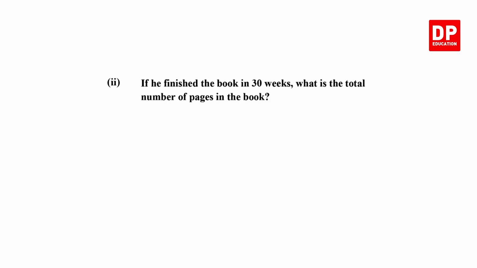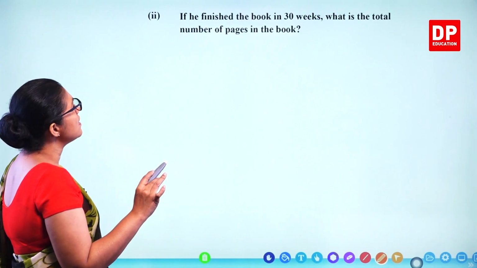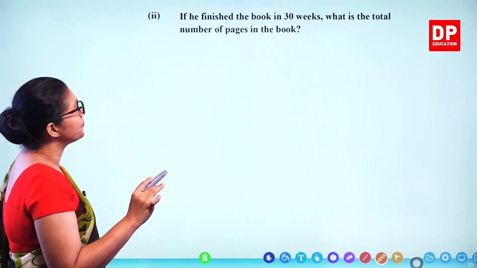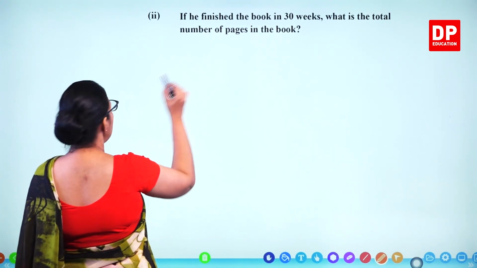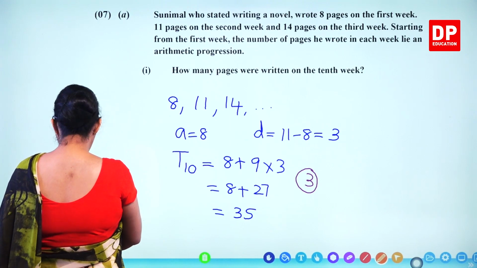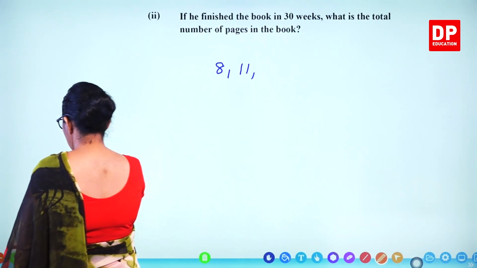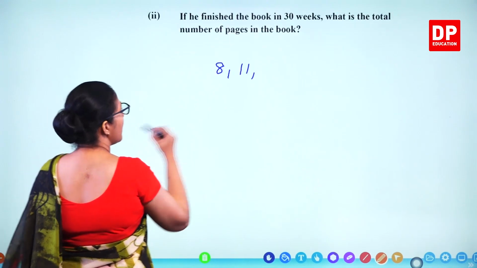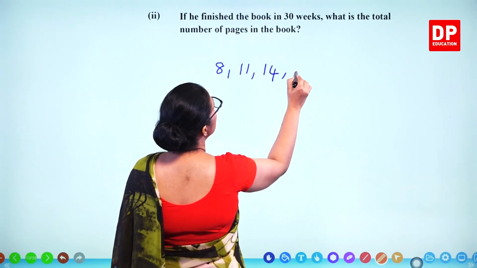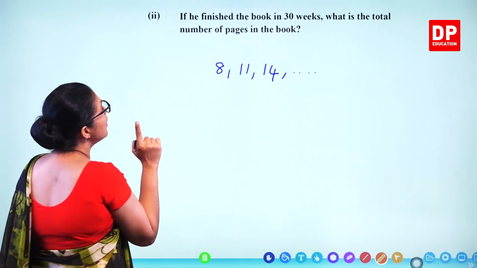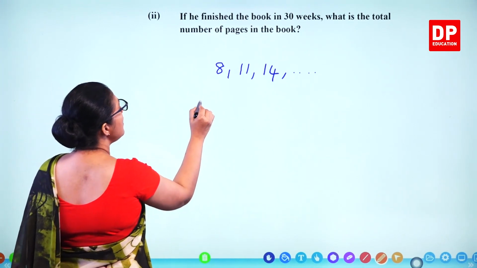Part 2. If he finished the book in 30 weeks, what is the total number of pages in the book? So here, what's the first term? 8, 11 and 14, like that. So 30 weeks, n is 30.